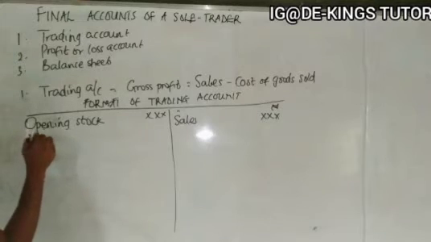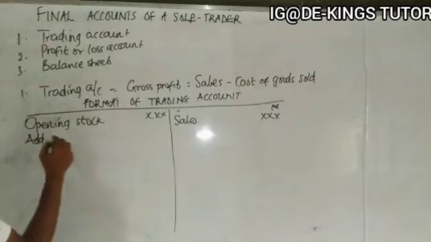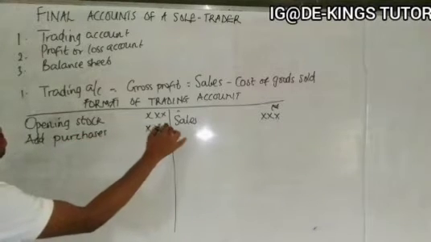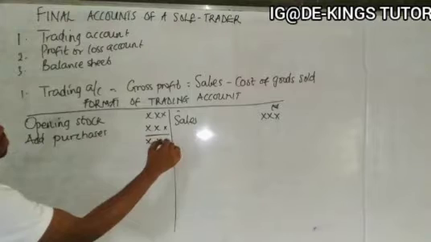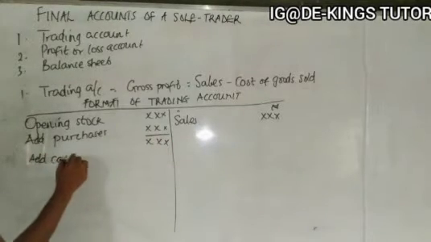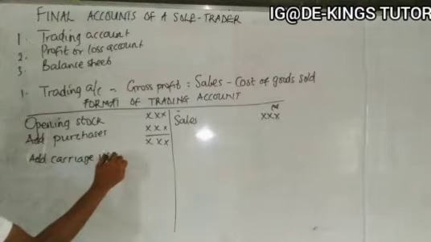Another is add purchases. Another is add carriage inwards.